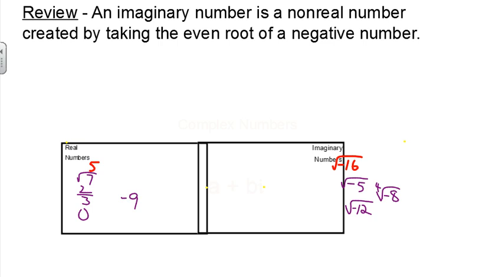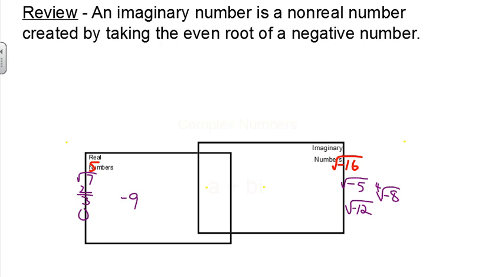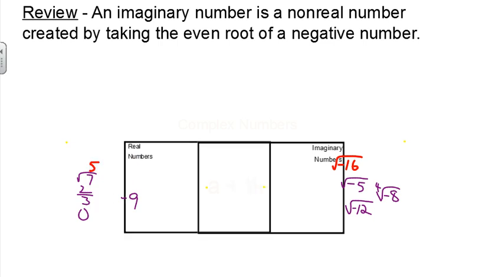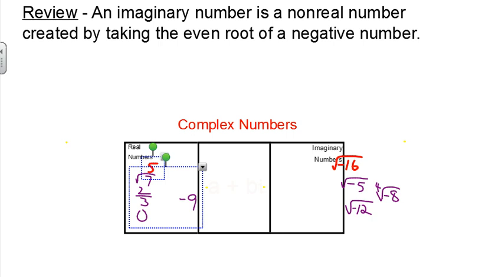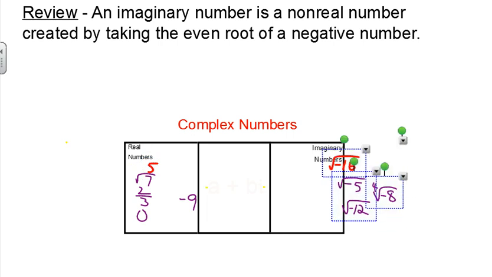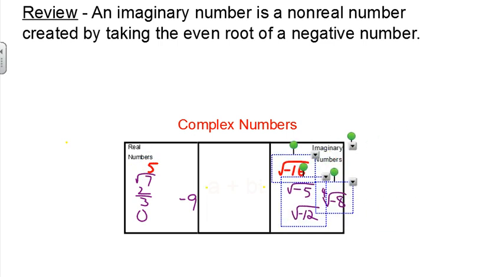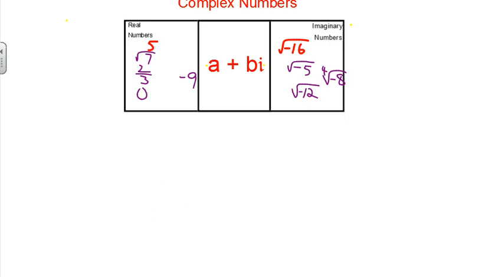A complex number system is one where you have all the numbers that are real over here, the imaginaries over here, but you could also have numbers in the middle that are a little bit imaginary and a little bit real.